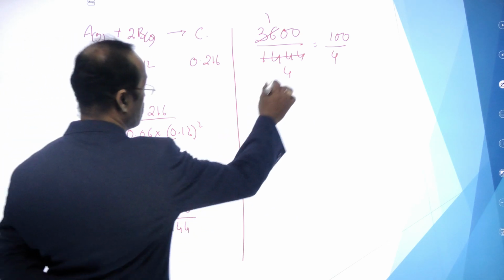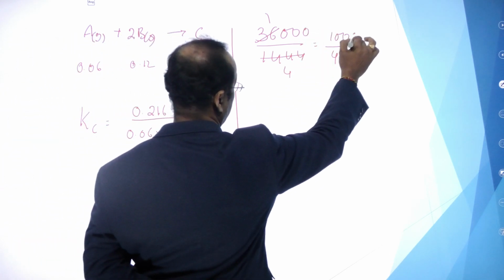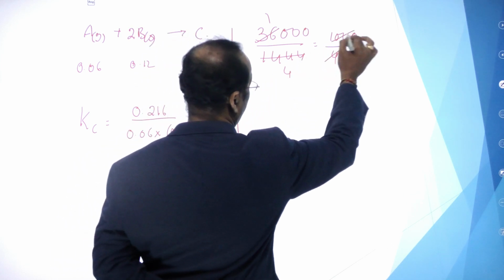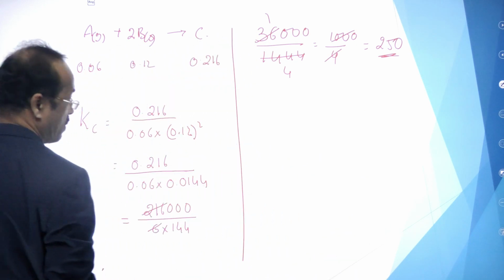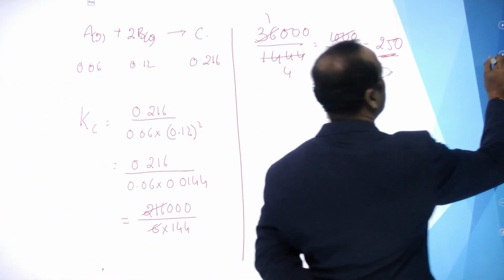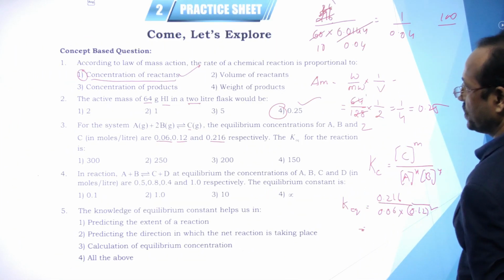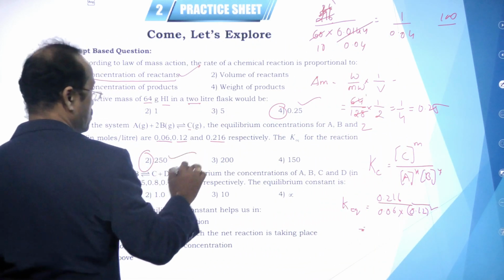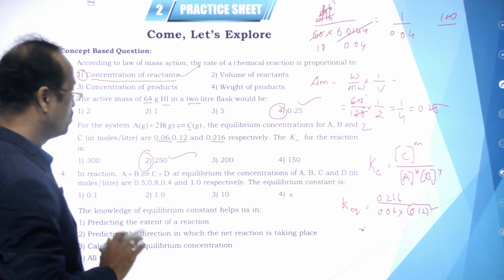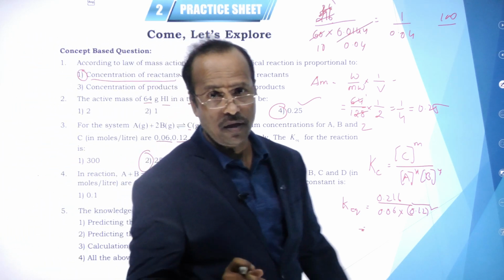Oh sorry, 3 zeros are there, so 1000 by 4. If I divide 1000 by 4, I'll get 250. The answer is there at 250. Check the answer. Yes, 250 is there. So these are the right answers, students. Understood? Very simple. You need to do the calculation part.